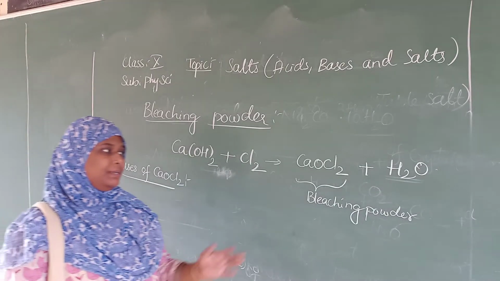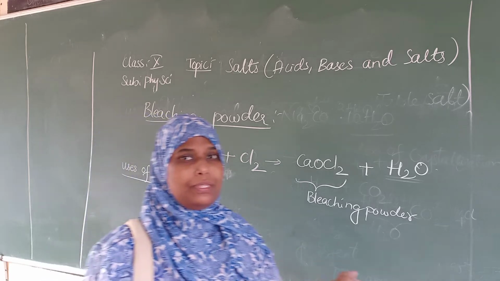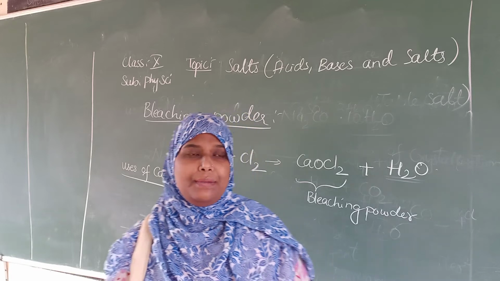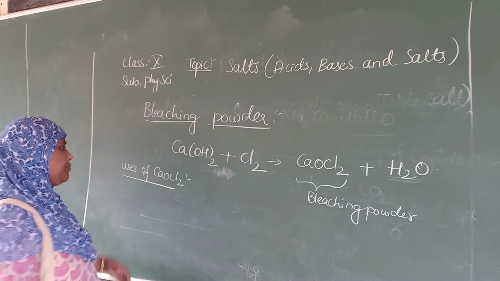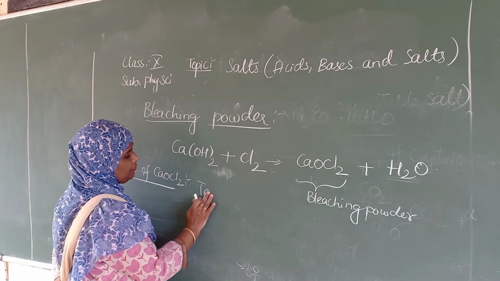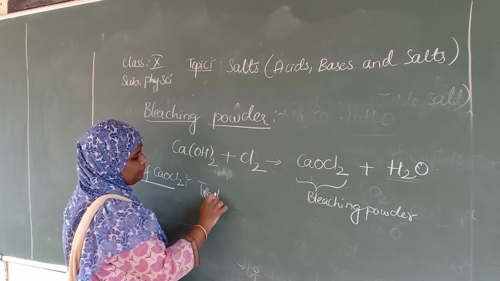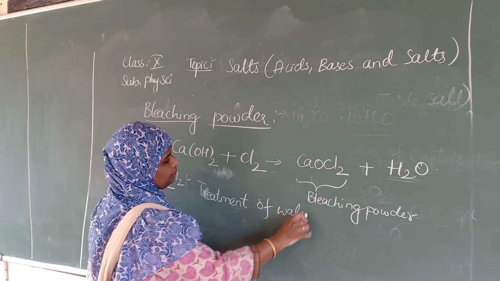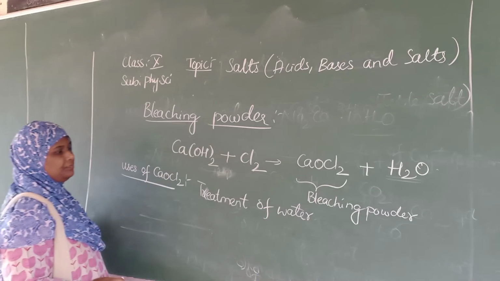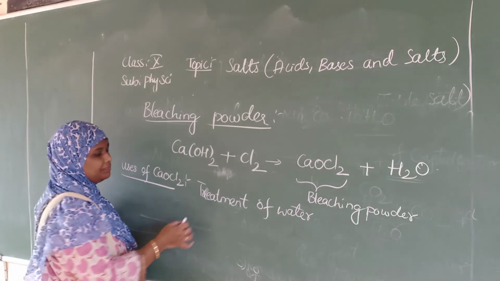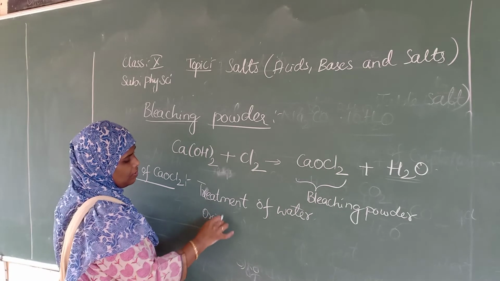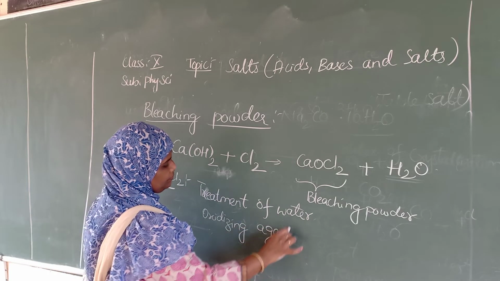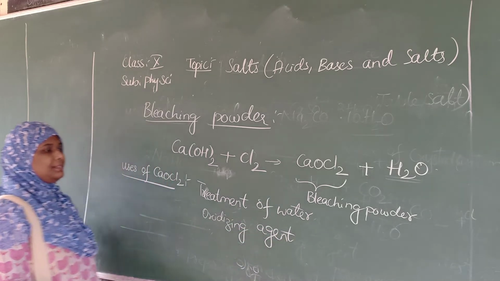We know that already bleaching powder is used for the treatment of the water present in the swimming pools. Okay, so hence bleaching powder is used for the treatment of water. Next, it is used as an oxidizing agent in the industries.